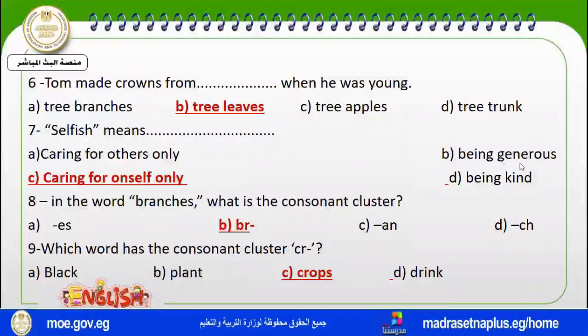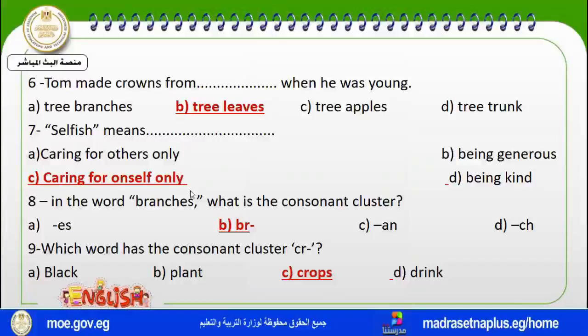You are not generous. Generous means that you like giving to others. And you are not kind. When you think about yourself only, you are not kind. Tom didn't think about others when he thought about himself.